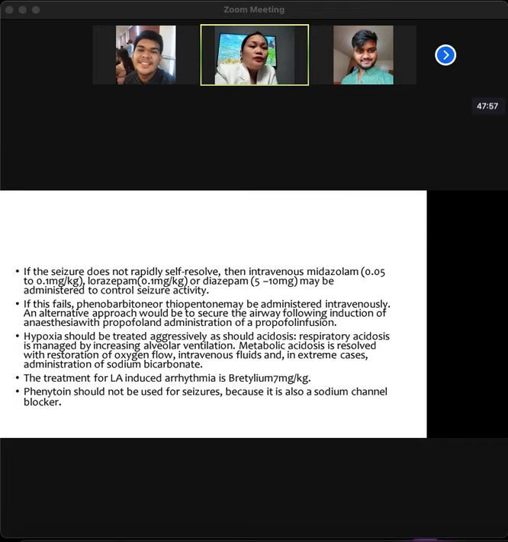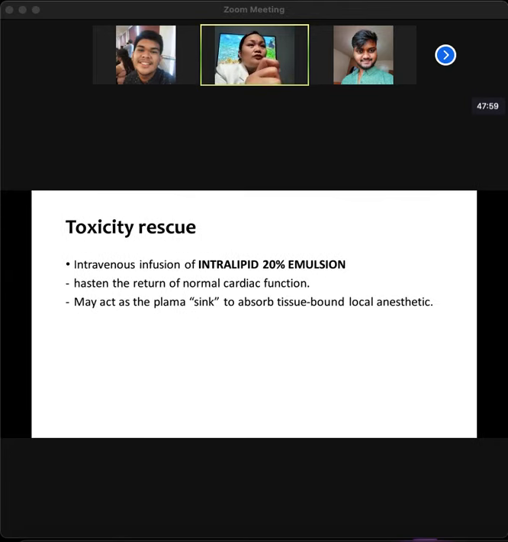So if toxicity still happens, then you can give intravenous infusion of intralipid 20% emulsion to hasten the return of normal cardiac function. Because this intralipid 20% emulsion may act as the plasma sink to absorb tissue-bound local anesthetic.